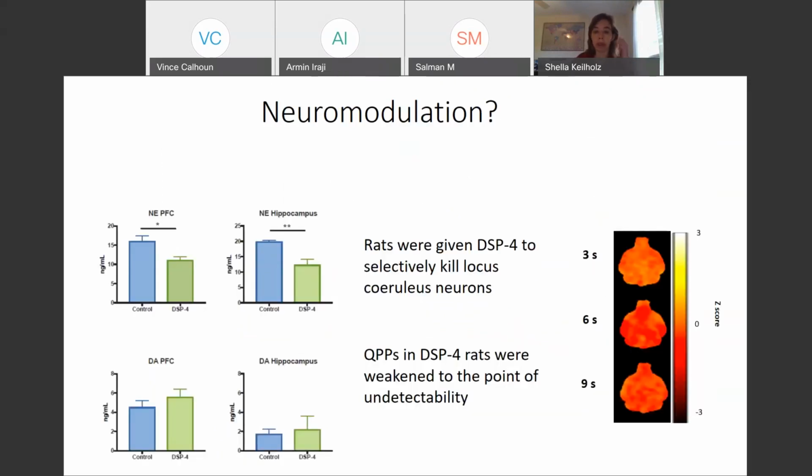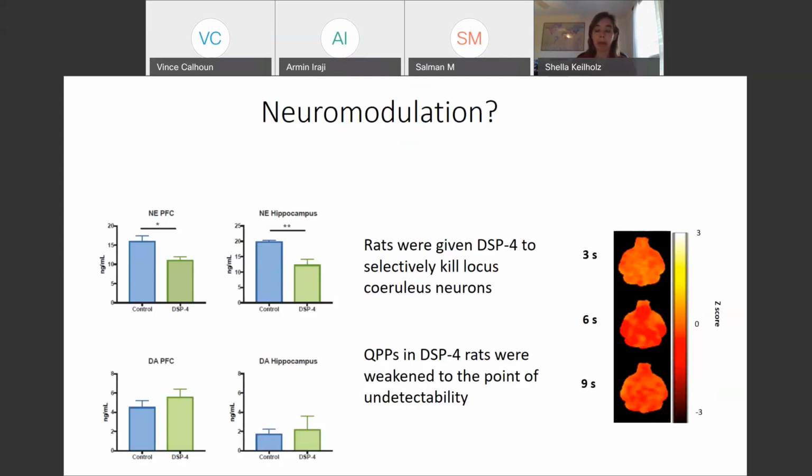Okay, so then we got to the rat study, and we started out with a pretty harsh study. We gave rats DSP-4, which is a selective neurotoxin for the locus coeruleus. You give that, you wait about a week or 10 days, and at that point, the LC activity is down to something like 10 to 20% of what it is normally.